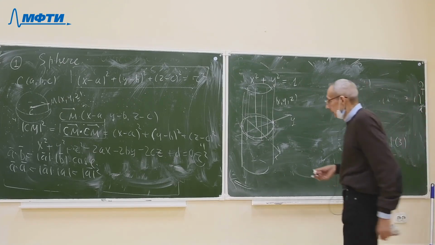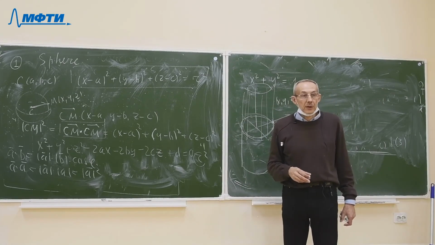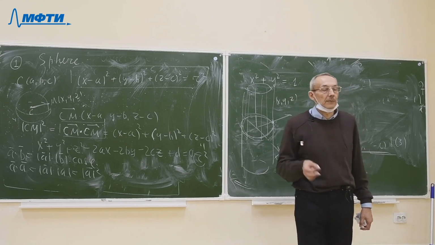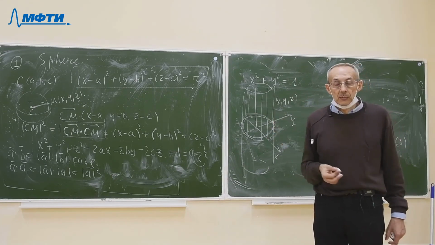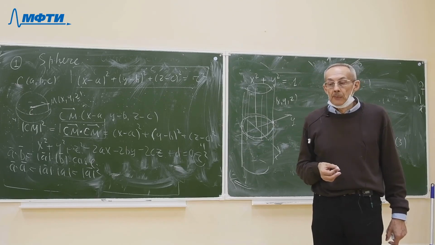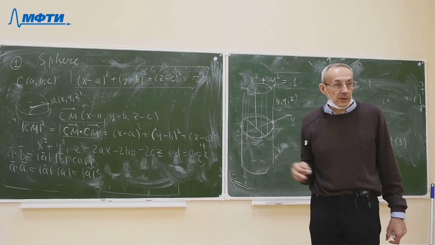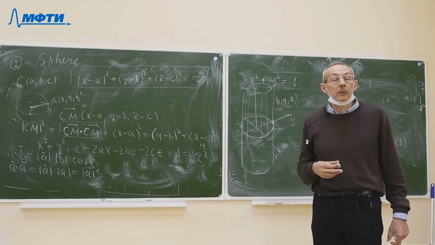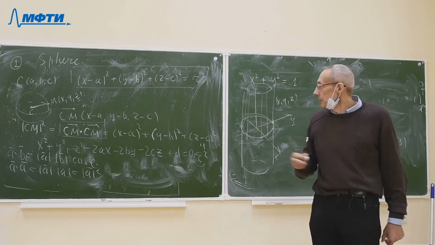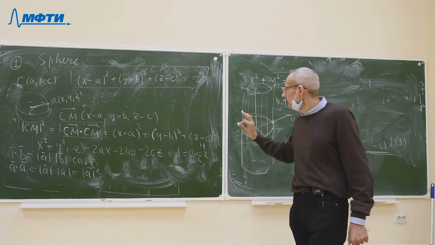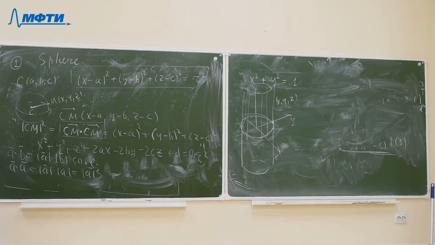I don't have any more time, so let's finish our lecture today, and in the next lecture I will finish this term. Maybe in the next lecture we will consider some tests on the previous material, which will include all these themes, without quadratic surfaces.